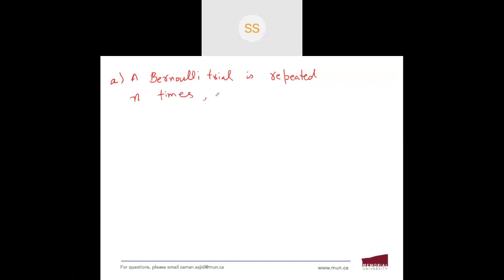Okay, and the second is the probability of occurrence P remains constant.